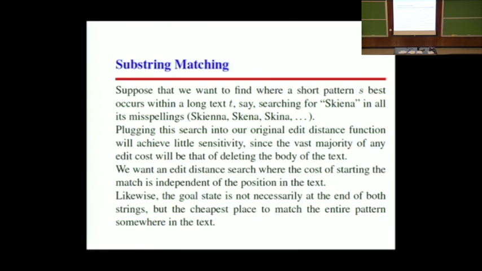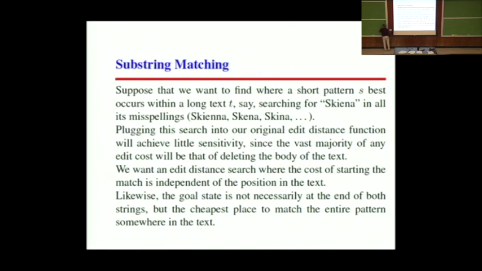This is a substring matching problem. Does everybody kind of get that idea? How would I change my recurrence relation so that I get a good score for matching where this word appears in the string? In general, if we did the full distance of editing Skiena to the whole Bible with the dynamic programming algorithm we stated, let's say the Bible was 3 million characters long.